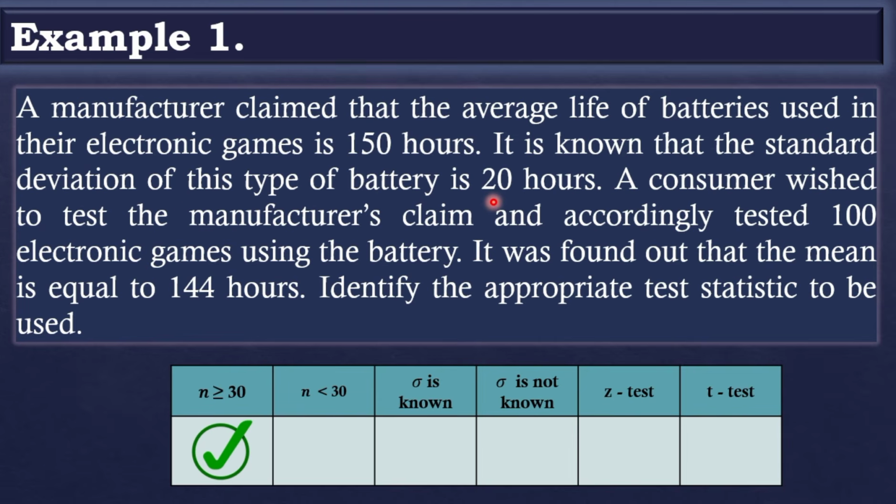So, therefore, yung population standard deviation natin is known. So hindi yan sample standard deviation. So, population standard deviation. Since yung sample size natin ay greater than or equal to 30, and then yung population standard deviation natin is known, so therefore, anong test ang gagamitin natin? Z-test. Okay? Z-test ang gagamitin natin. So, next.